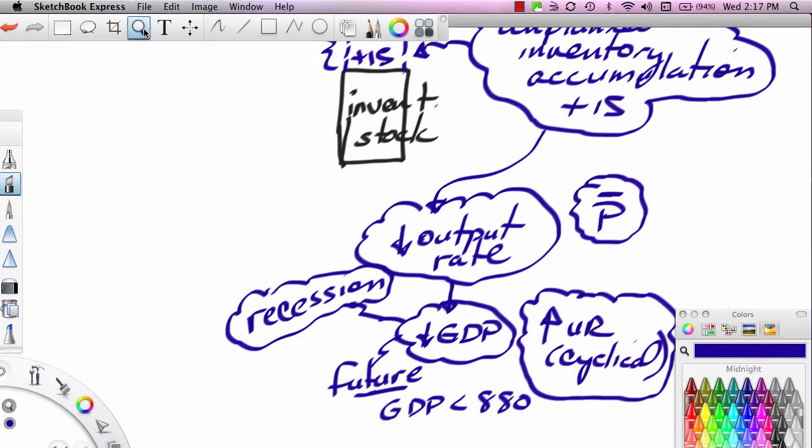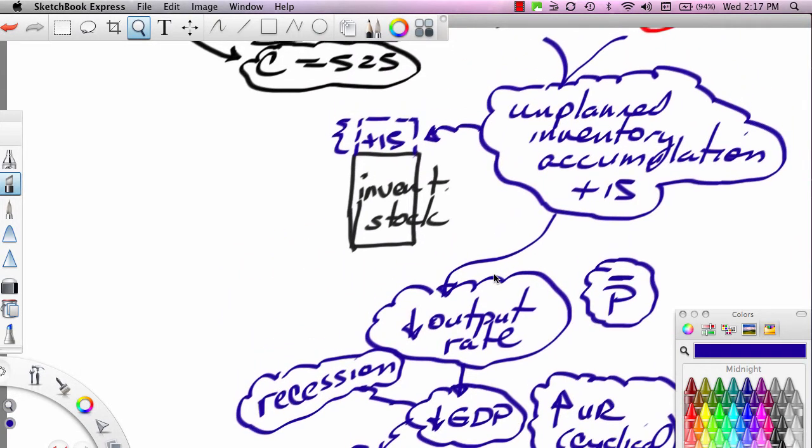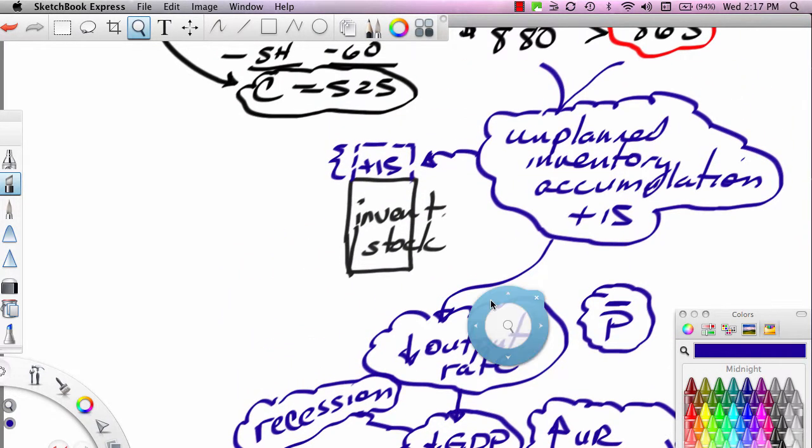Now I want to show you one other thing here that's kind of an interesting piece of this. It used to be very, very popular for teachers of macroeconomic principles to talk about something called the bathtub theorem. And I'll just work that in here real quickly. I want to show you something.